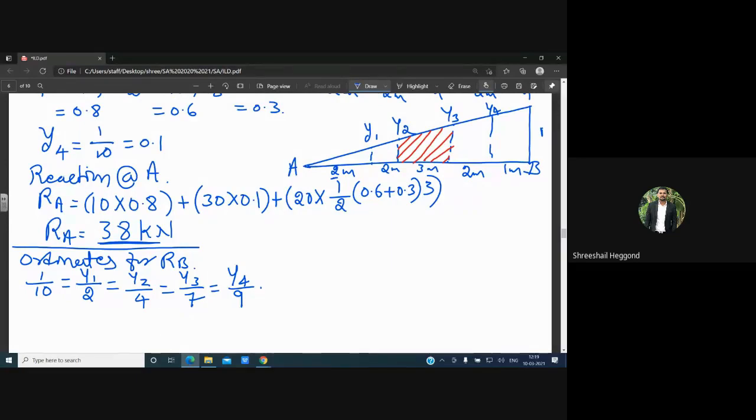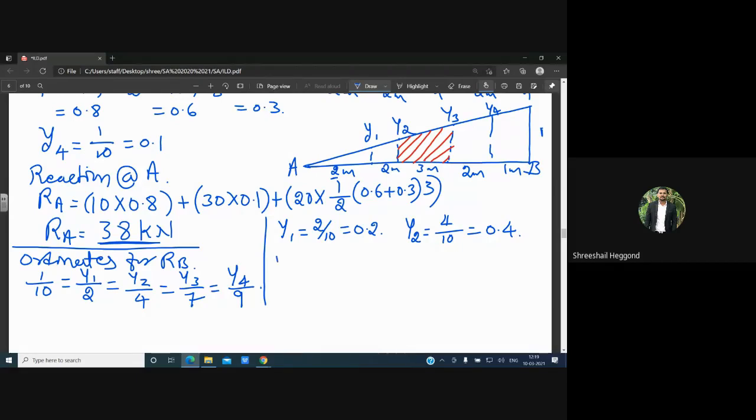Therefore, y1, y2, y3, and y4 can be calculated as follows. The values can be written over here. y1 is equal to 2 divided by 10, also you can write as 0.2. Next, y2 is equal to 4 divided by 10, and that is equal to 0.4.